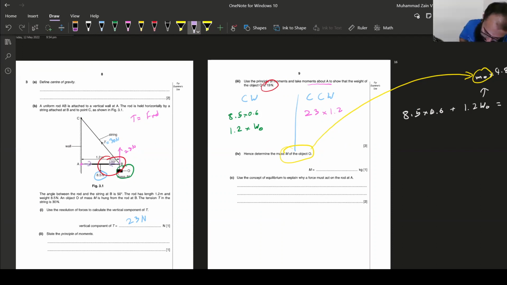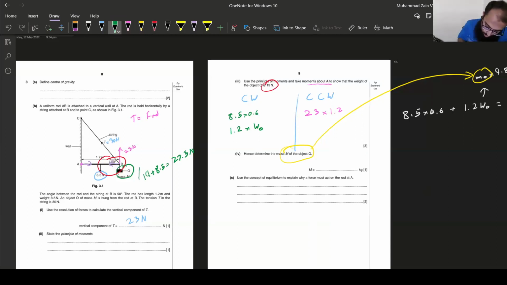So one component is to oppose this, and the other would be a vertical component. If you add the weight of object O and the weight of the plank, it will come out to be 19 plus 8.5, which is 27.5 Newtons.